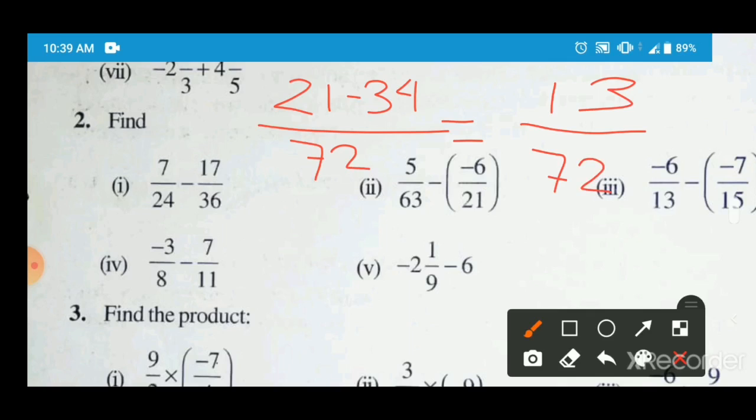And plus minus minus takes the sign of the greater number. The greater number is what? That is 34, and the sign of 34 is minus, so it is minus 13 upon 72. This is the answer of the first part of question number 2.